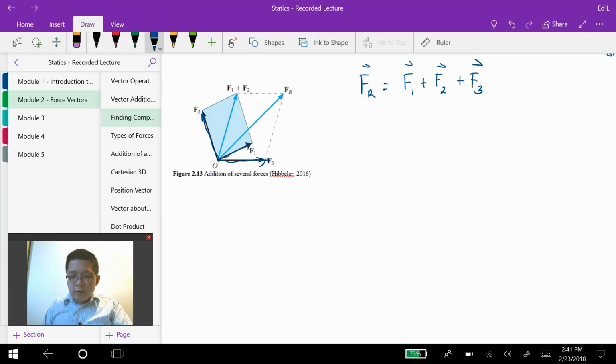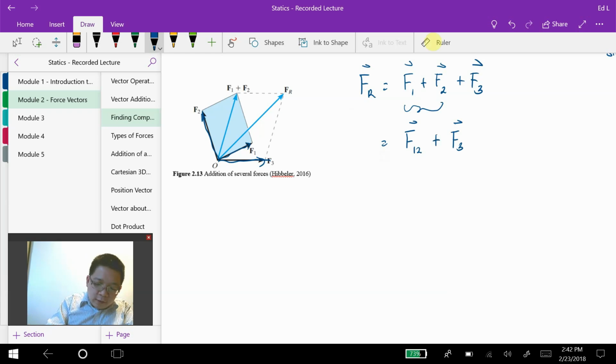The first thing in here is we have to take the calculation step by step. We have to first solve for F1 plus F2, and then afterwards we can continue with F3. For example, if I call F1 plus F2 as F12, then FR is equal to F12 plus F3.